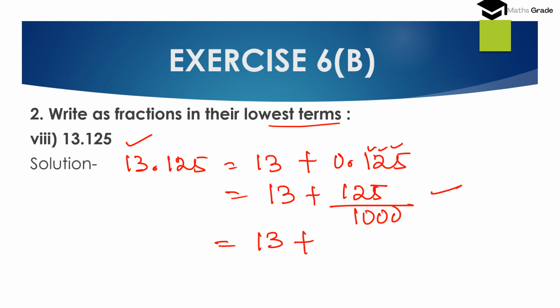Now between 125 and 1000, 125 is the highest common factor, so we have to divide 125 and 1000 by 125.